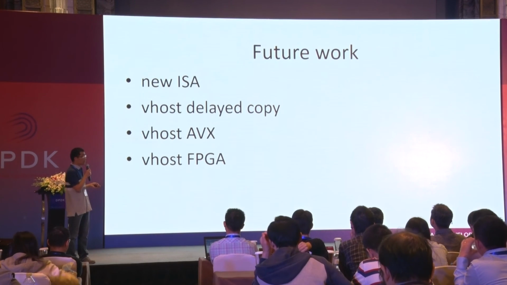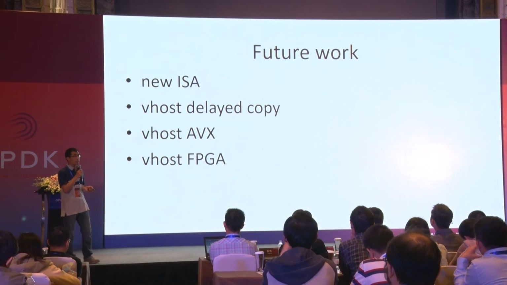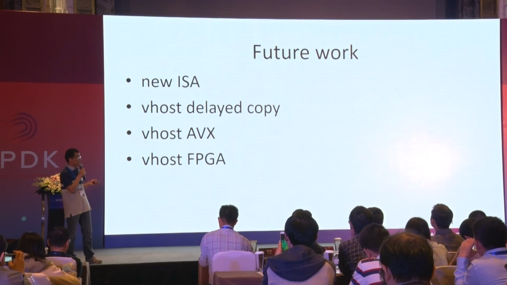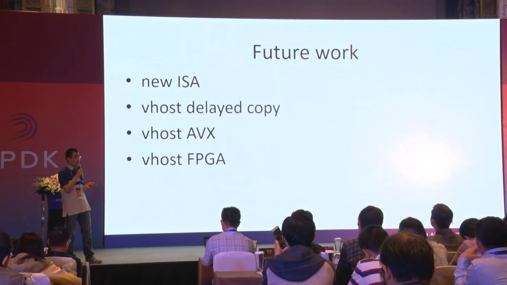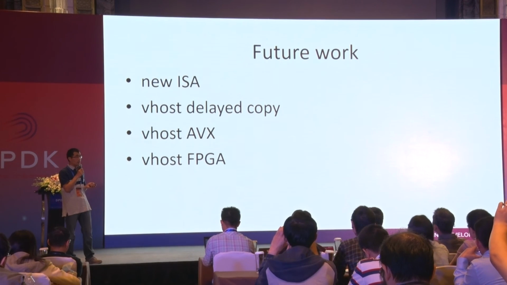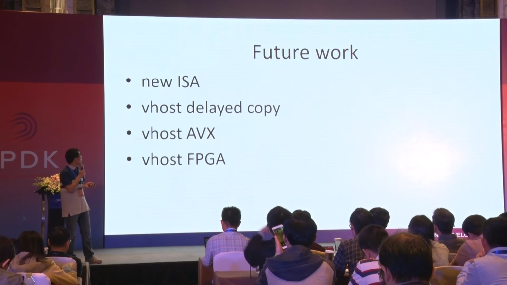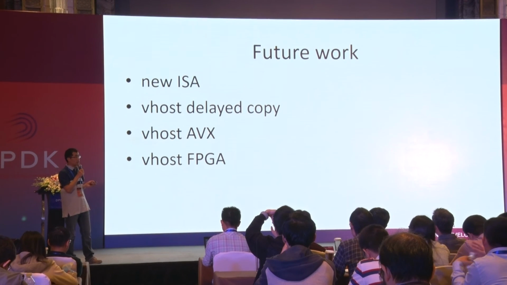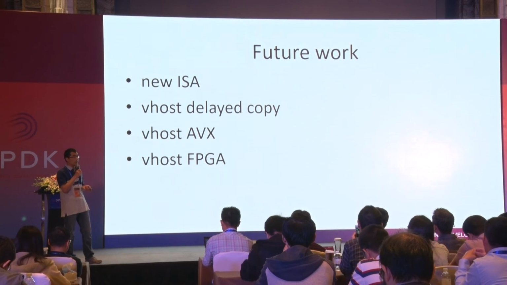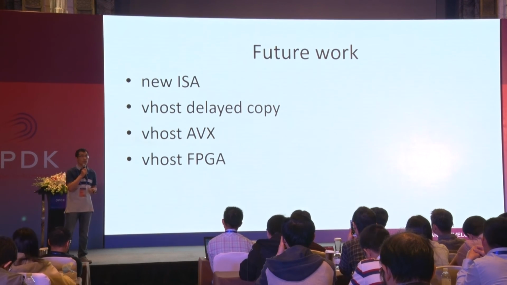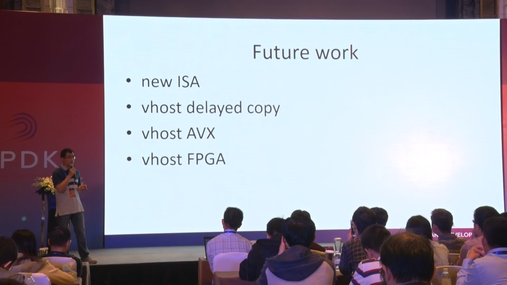Next, I want to give a quick introduction to our future work. We have a completely new ISA to support core-to-core transformation, including cache transmission. The typical issue may include, in all of the switches, vhost gets data of VM1.